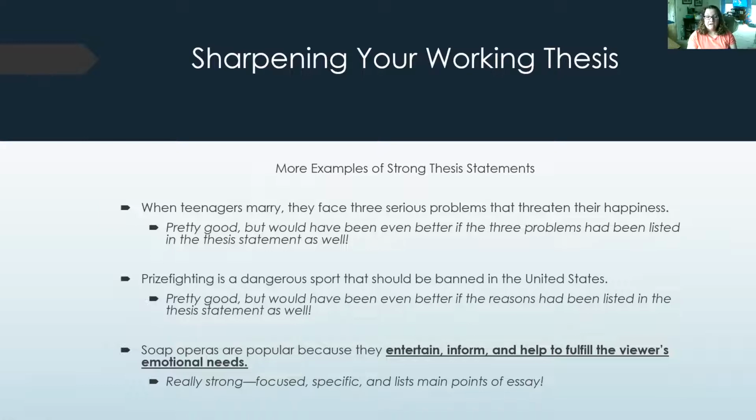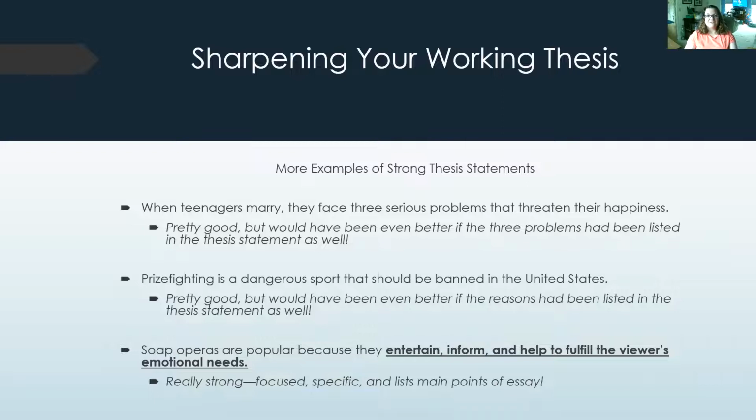I know if I read that thesis statement at the end of the introductory paragraph, I am fairly certain that the next section after the introduction will be a section that explains how soap operas entertain. And I know that the section after that is going to explain how soap operas inform.